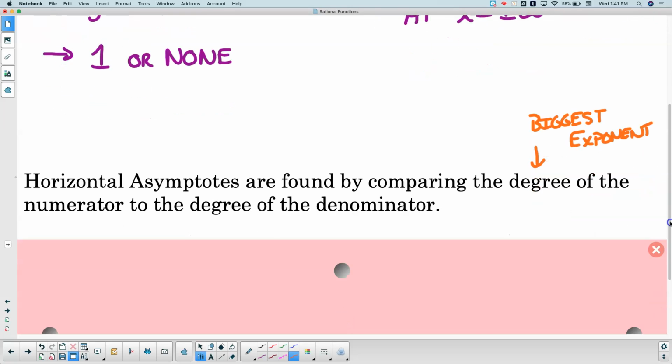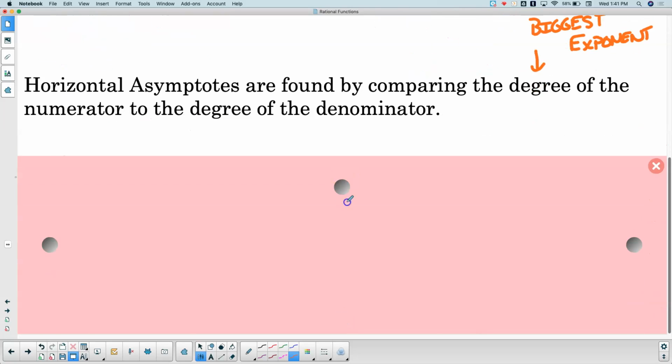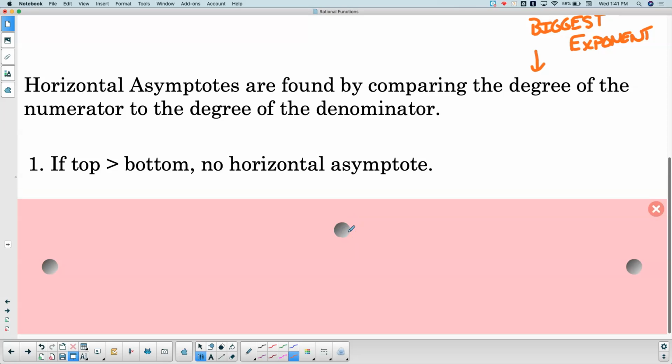Alright? So, here we go. If the top is bigger, there's no horizontal asymptote. So if top has a bigger exponent, no horizontal asymptote.